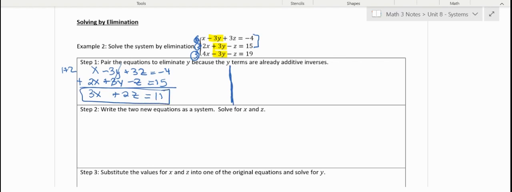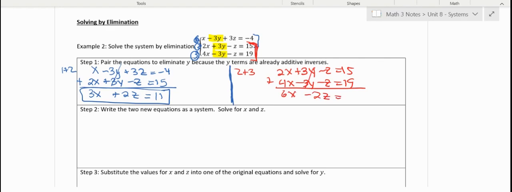I'm now going to pair up another pair, and I actually have a second pair of opposites if I use equation 2 and 3. So I'm going to line them up. And if I add them straight down, we'll get 6x minus 2z is equal to 34.